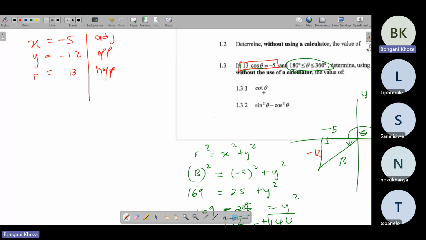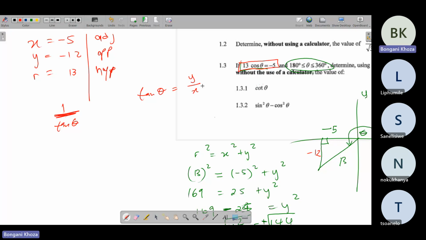Right. Remember, cot is the reciprocal of tan. So that means it's just 1 over tan theta. That's what we are looking for, right? For tan theta, it was y over x.